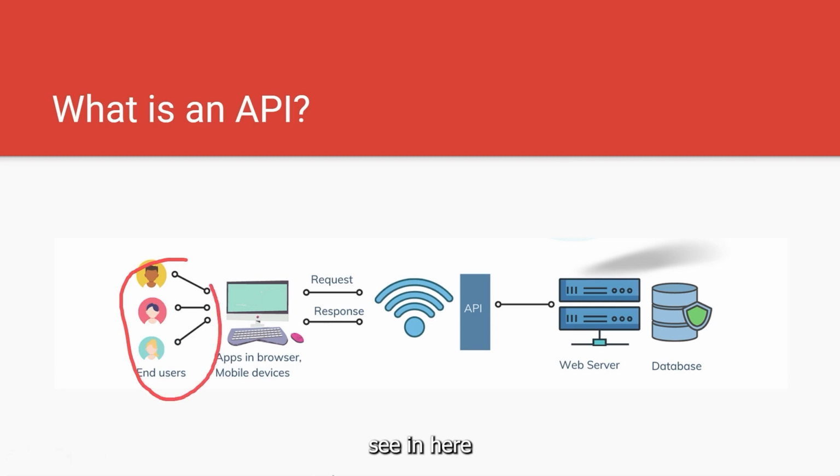So you can see in here, end users are at the very left side of the screen, meaning they are going to be the clients or the people who are going to be receiving or requesting for data. All right.